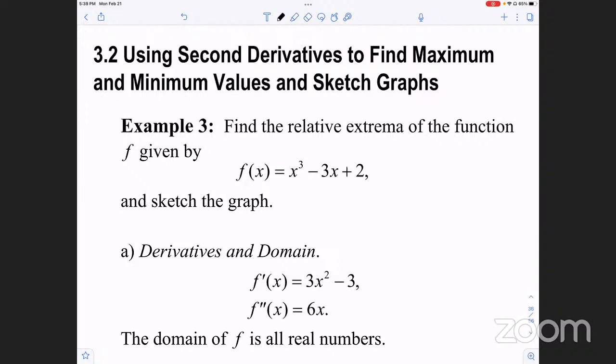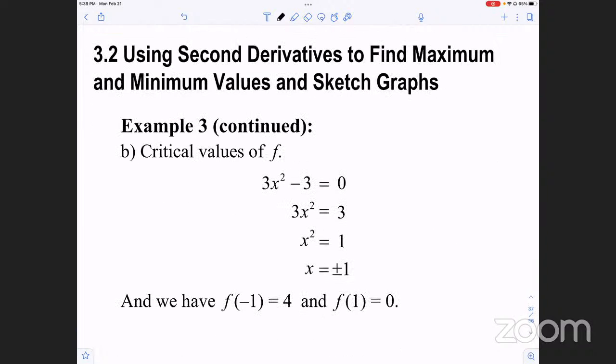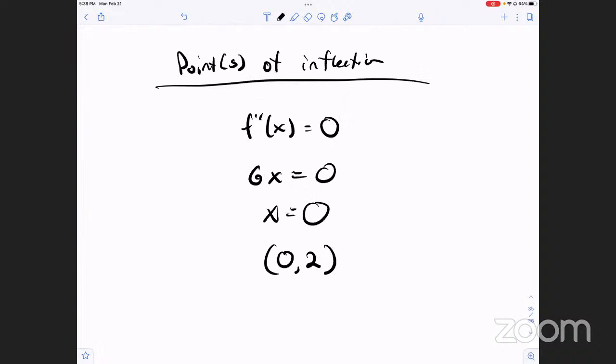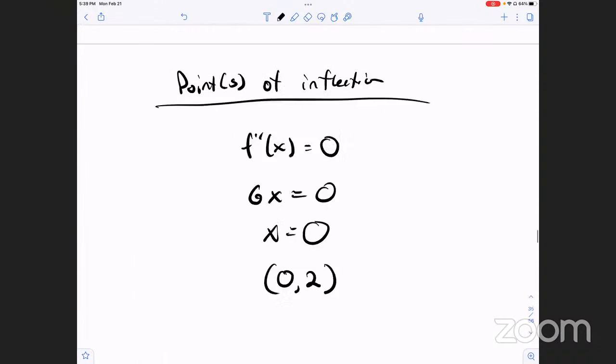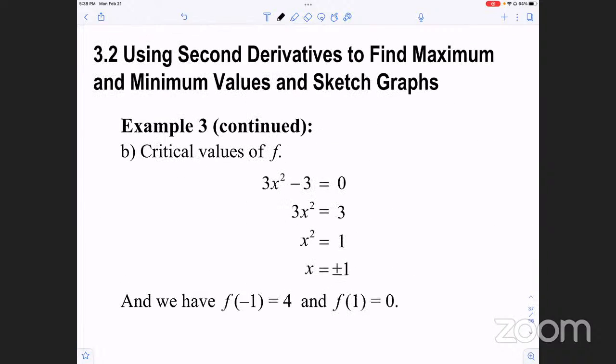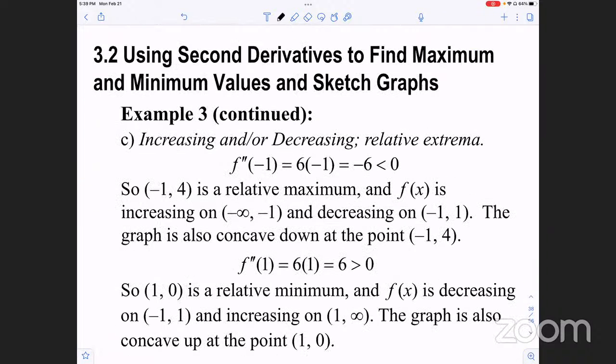Okay, so we found the first derivative and the second derivative, plus or minus 1, and then we found the corresponding y's. Do we get that 4? Okay. So we should use the first derivative test.